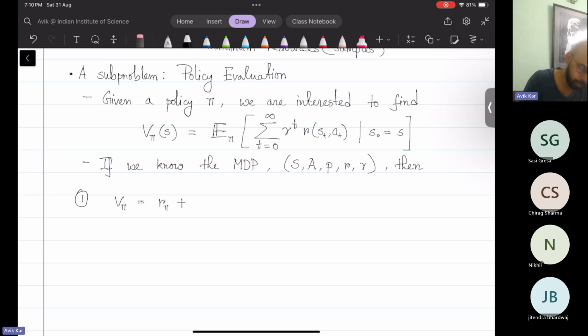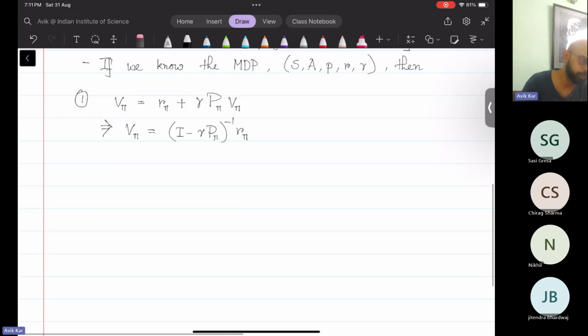V pi equals R pi plus gamma times P pi times V pi. I think you understand what I mean by V pi, R pi, P pi. If you solve this, then V pi will equal (I minus gamma P pi) inverse times R pi, where I is the identity matrix. Given that you know the model, you know P pi and R pi, and hence you know V pi.